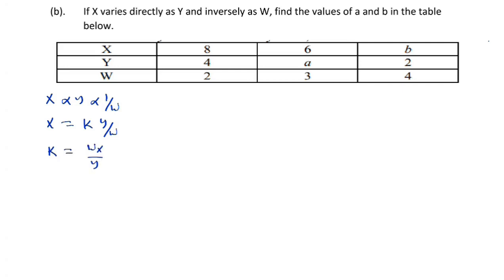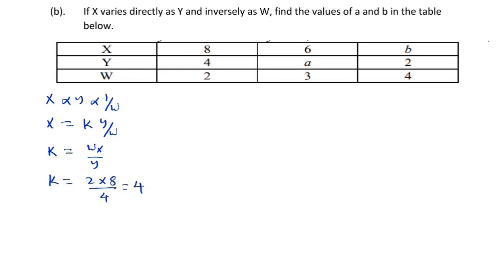Let us substitute the values. We have x equals 8, y equals 4, and w equals 2 from the table to find the value of k. So k equals 2 times 8 over 4, which after solving is 4.